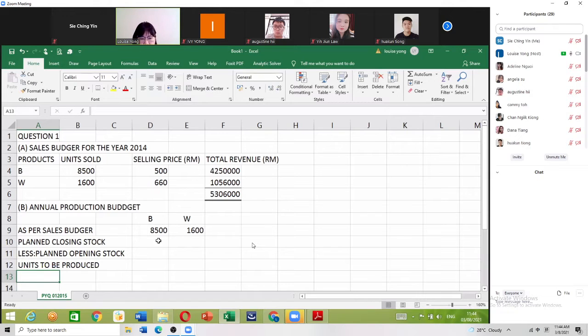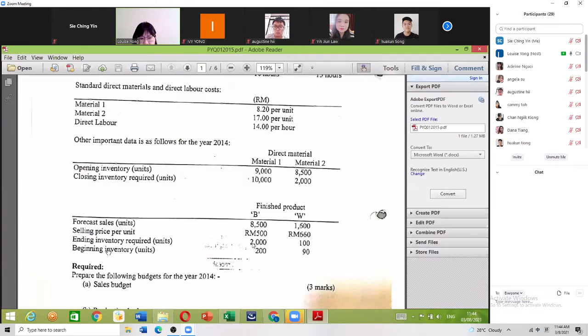So what will be the planned closing stock? Look here, at finished goods, not raw material. Ending 2,000, opening 200, ending 100, opening 90.